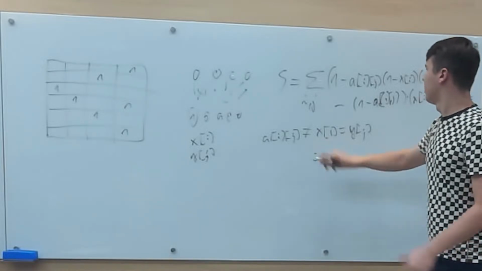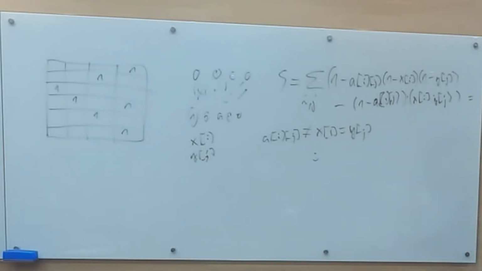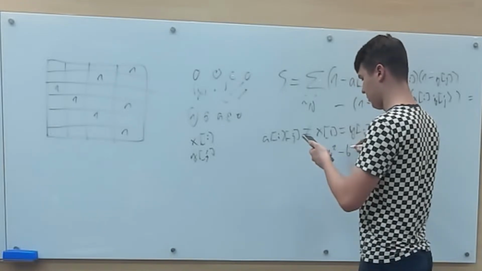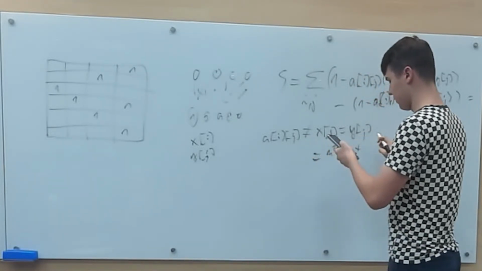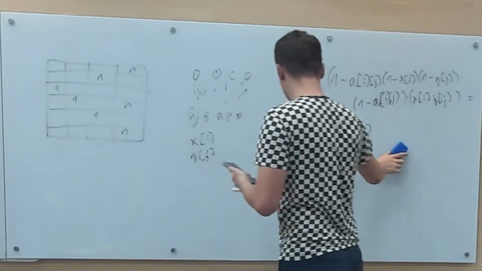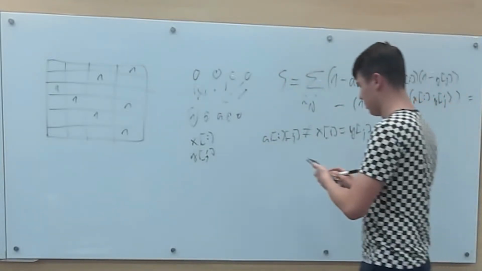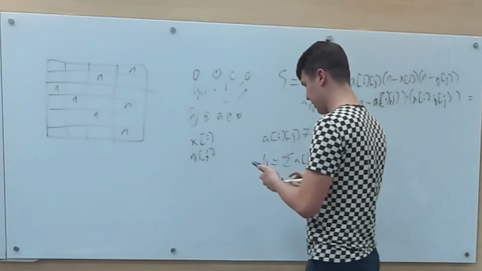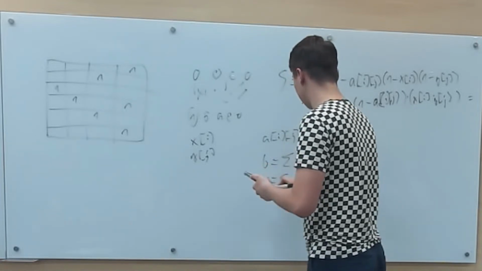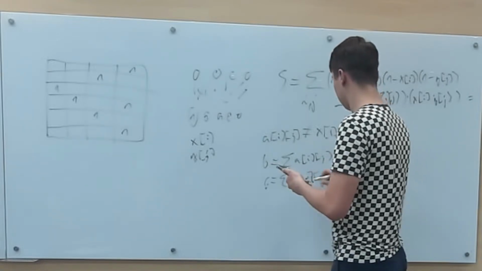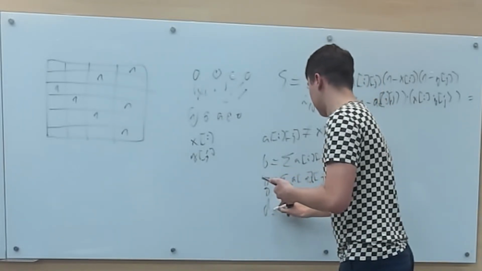Then we can simplify the sum by taking all the products, and what we get is: let b equal the sum of aij, and let ci equal the sum over the column, and di equal the sum over the row.